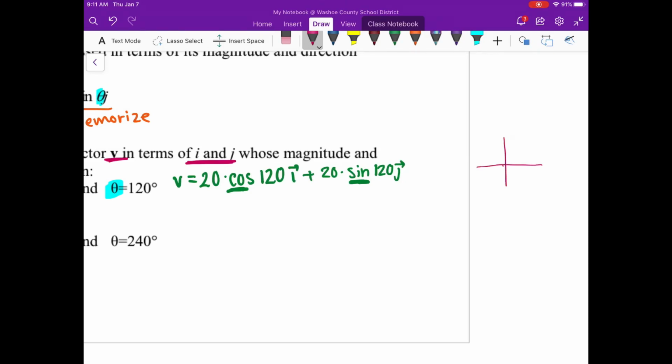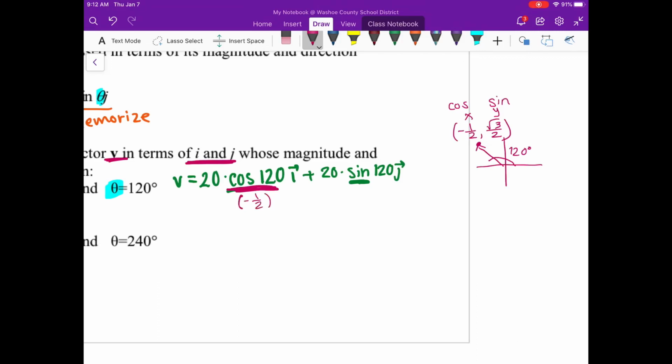Now, we need to figure out what the value of cosine and sine are at 120. So I'm going to draw a little sketch here. If I make the angle 120, that would put me over here in the second quadrant. And whatever memorizing method you use, you need to know that that's at negative 1/2 and then square root of 3 over 2. This is my x, this is my y, therefore this is cosine and this is sine.